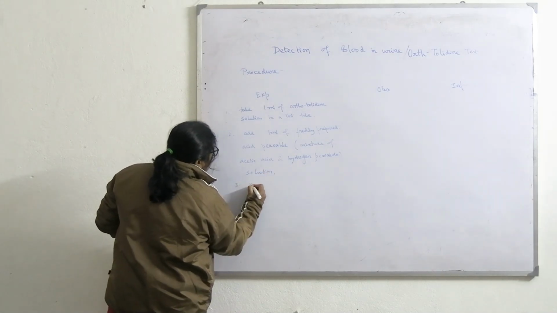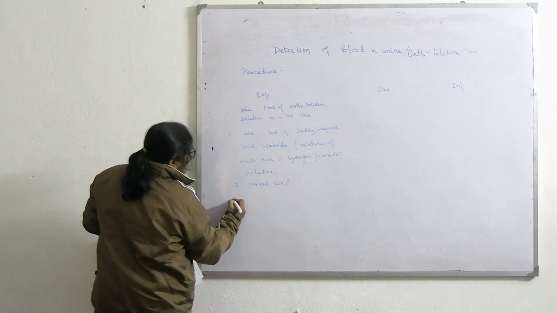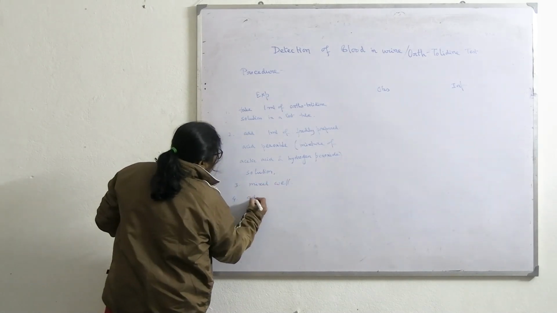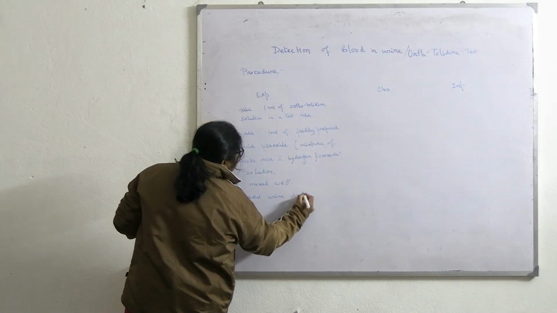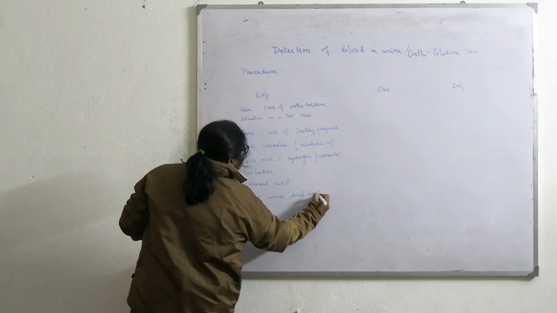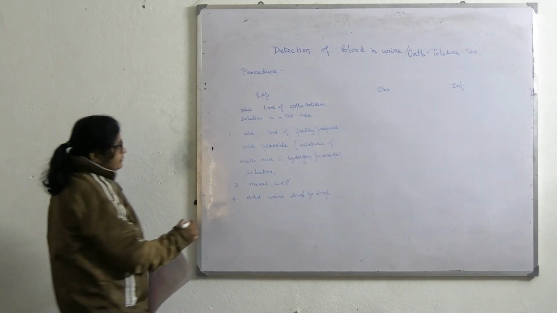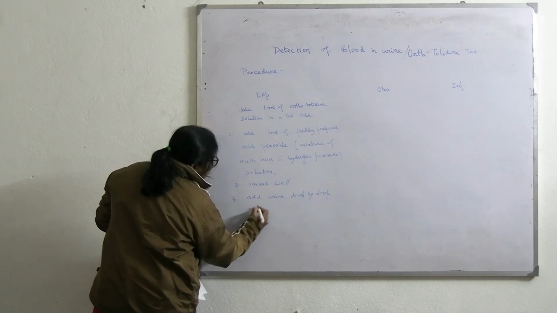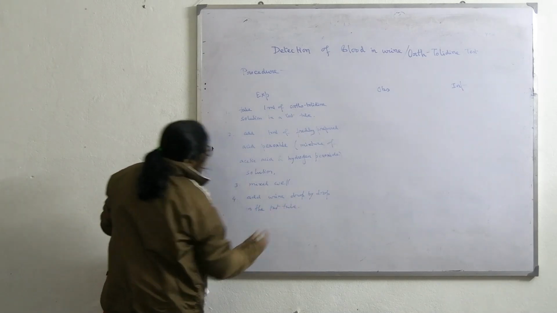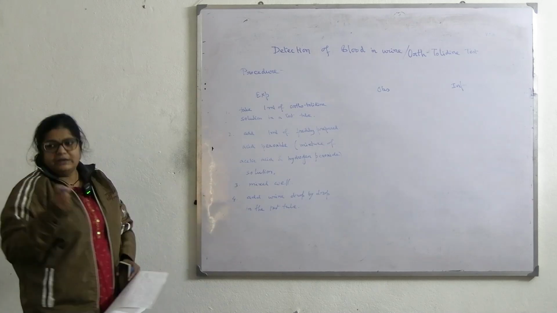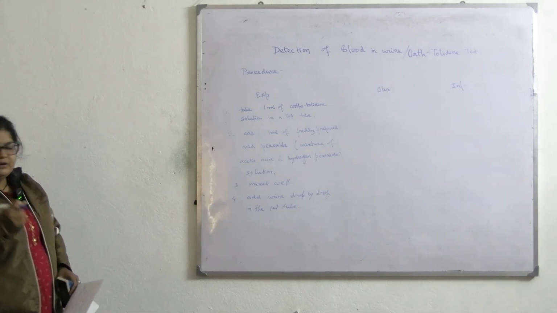Third point, mix well. Then fourth point, add urine drop by drop in the test tube. So, lastly, we add with a dropper urine drop by drop.